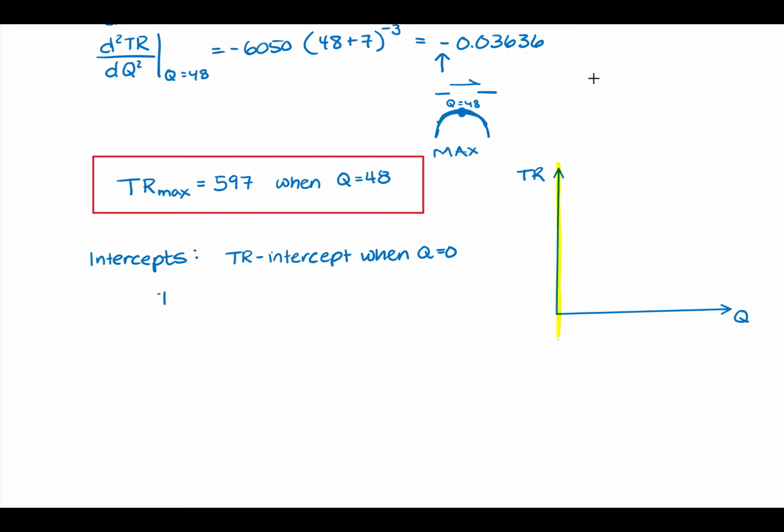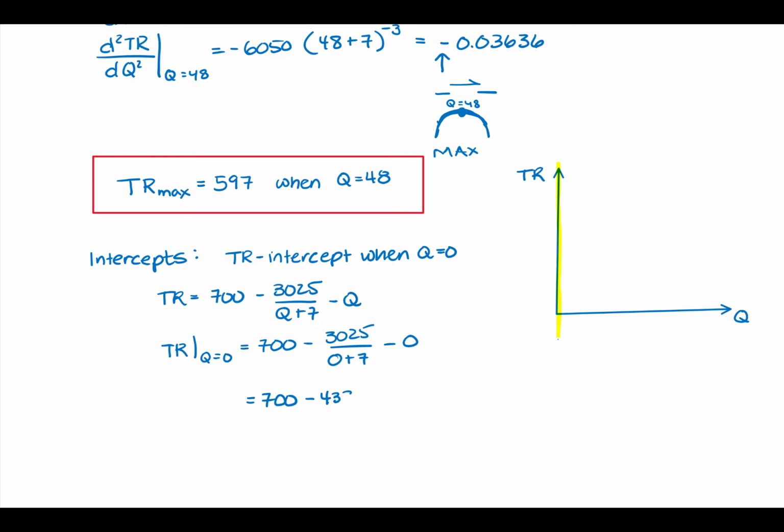So we take our original total revenue equation, 700 minus 3025 over q plus 7 minus q, and I substitute q is equal to 0 into that equation. So then I'm left with 700 minus 3025 divided by 7, or 432.14, giving me 267.86.